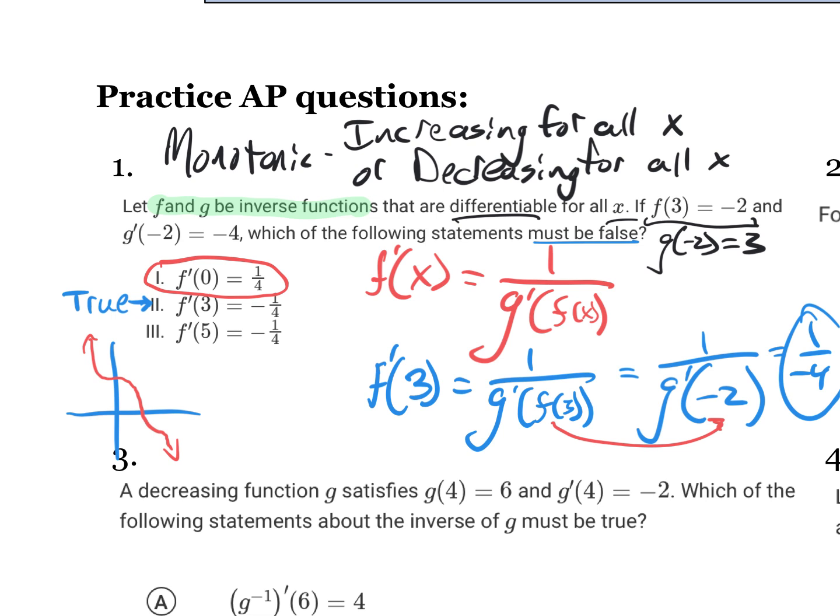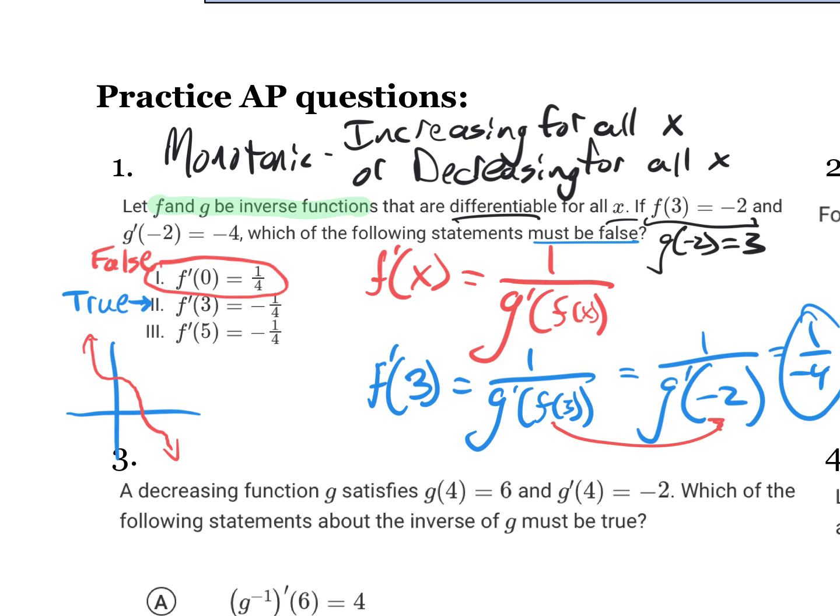So our answer is that I must be false, because that is a positive slope, which means it's increasing. Now, we don't know that f of 5 is negative 4, for example. We don't know that. But we do know that it has to be negative. So we know that there is no way that f of 0 could be 1/4, because that's increasing. It can't turn around. All right?